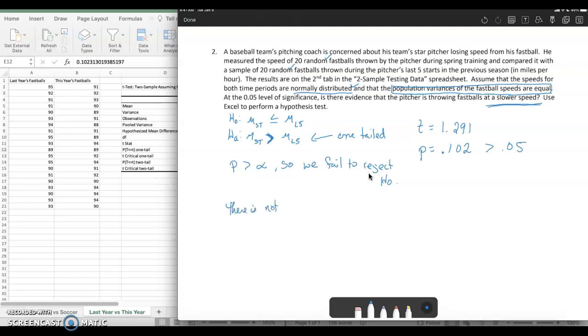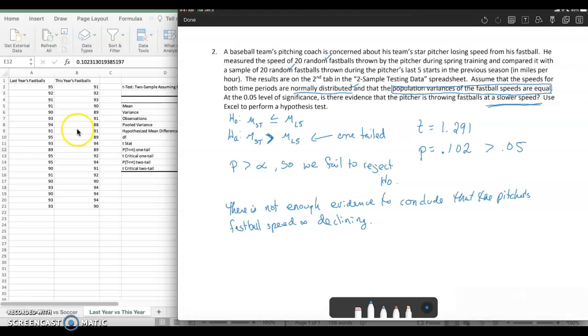There is not enough evidence to conclude that the pitcher's fastball speed is declining.